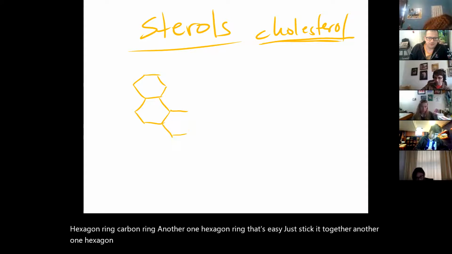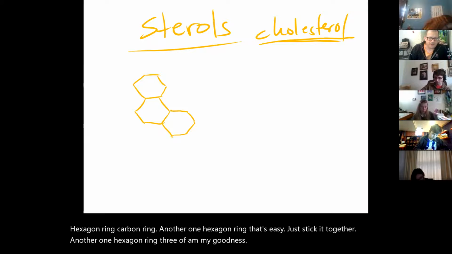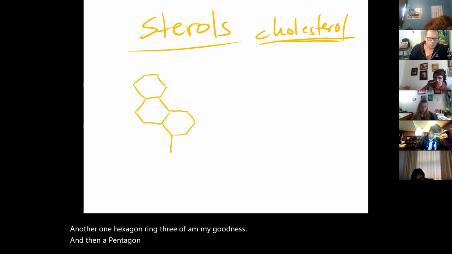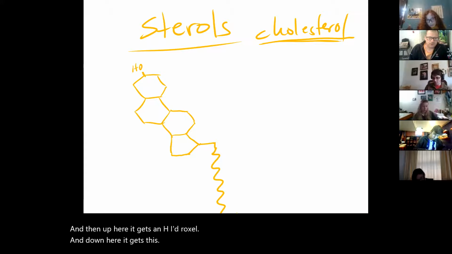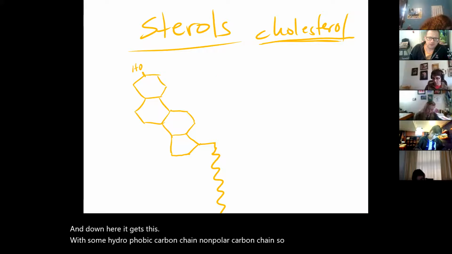Three of them. And then a pentagon ring. Up here it gets an OH, a hydroxyl, and down here it gets this chain. It's a hydrophobic, nonpolar carbon chain. So that's cholesterol.